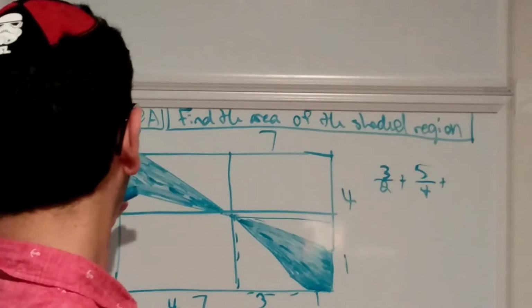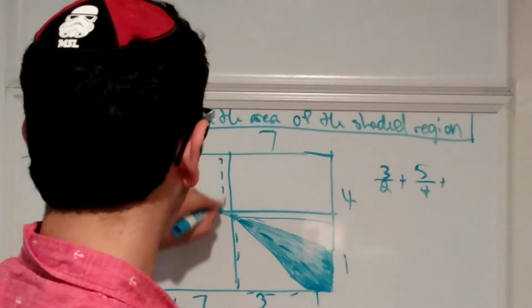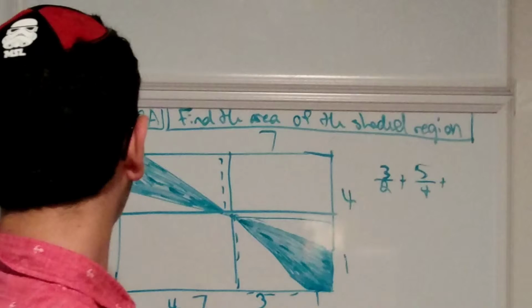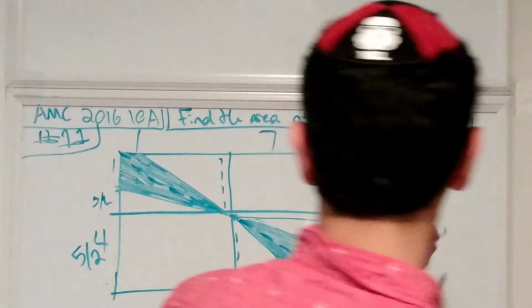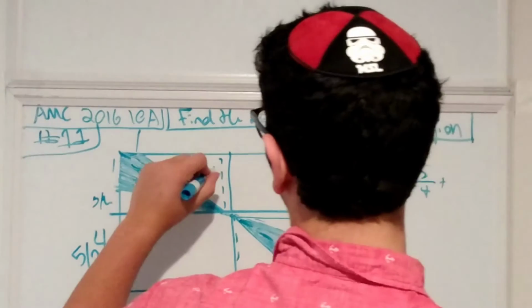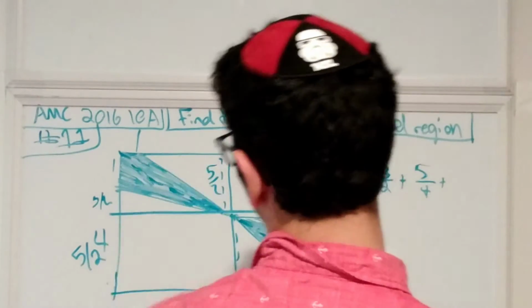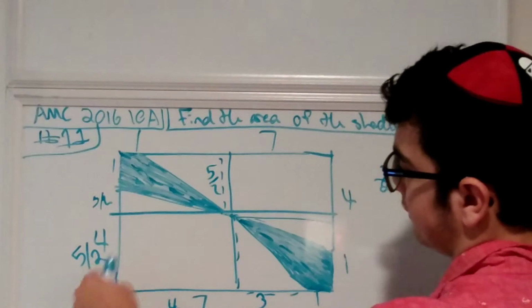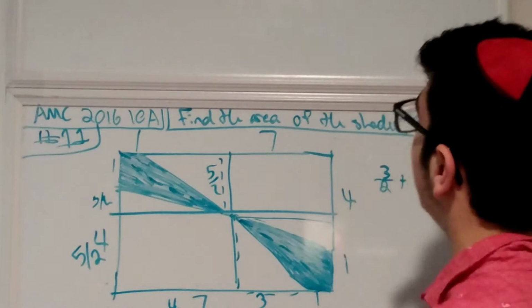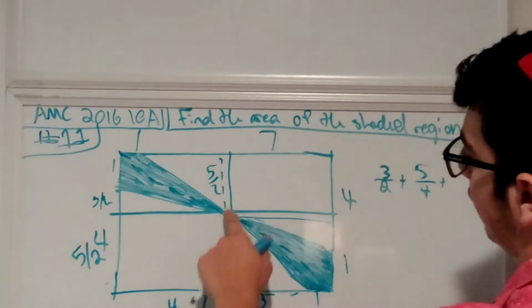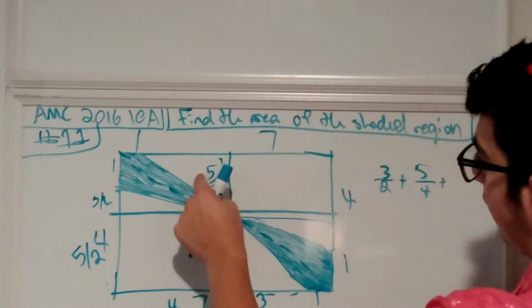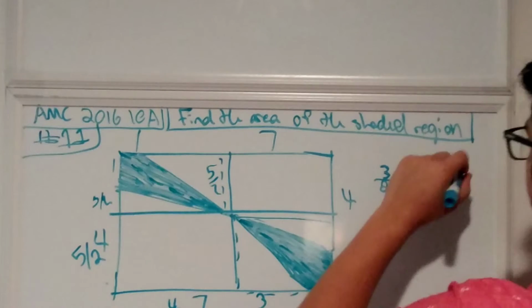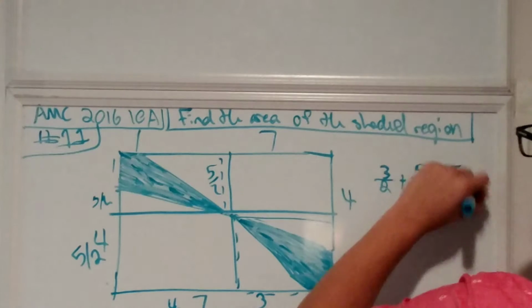And then for over here, when the base is right over here, the height is going to be this, which is 1 plus 3 over 2, which is going to be 5 over 2. So this right here is 5 over 2, and that makes sense that this has to be the same as this. So we have 5 over 2, and that's the height, and so that times that divided by 2 is going to be 5 over 4.